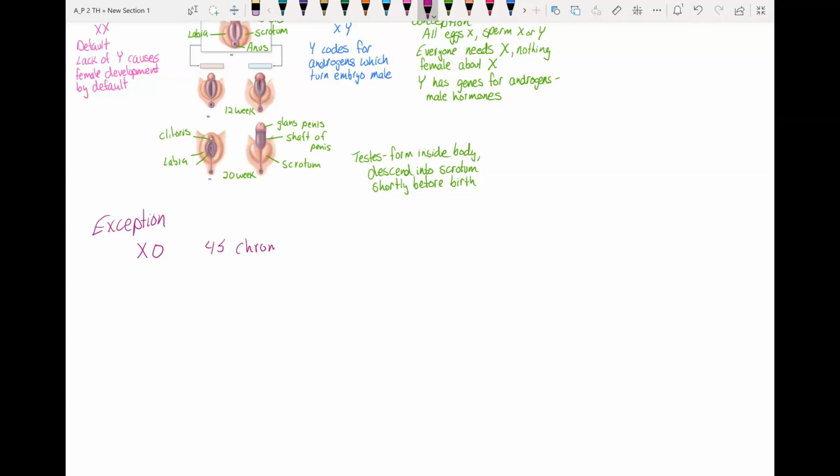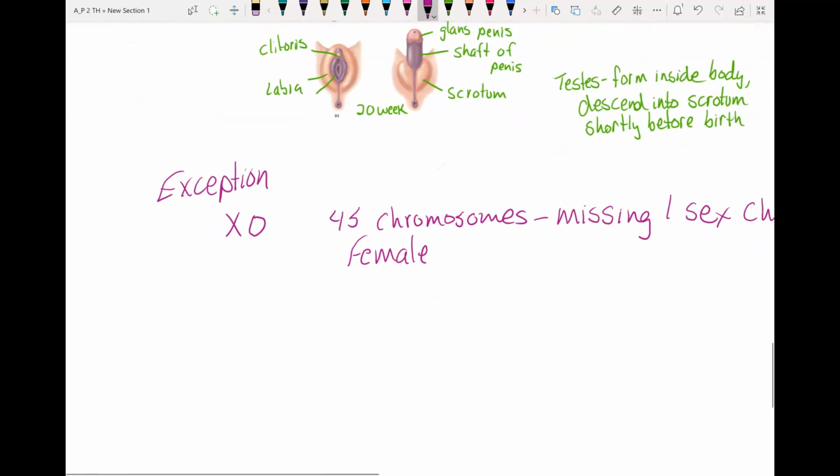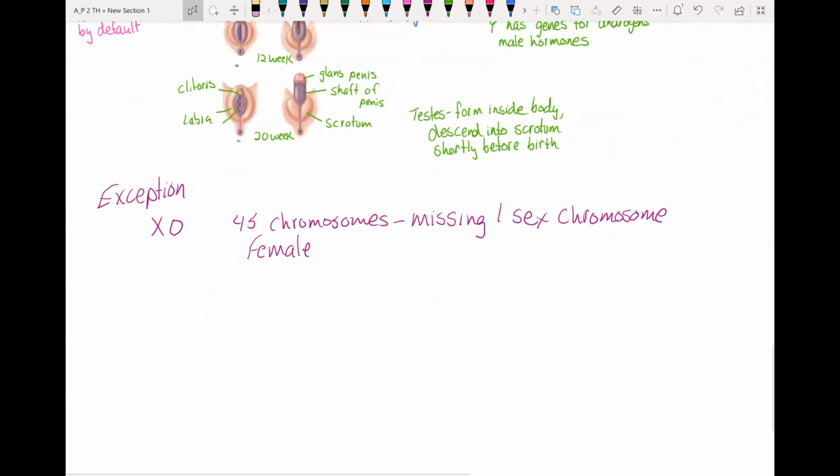They're missing one. This person is still going to be female. You don't need 2 X's to be a female. All you need to be a female is to not have a Y.